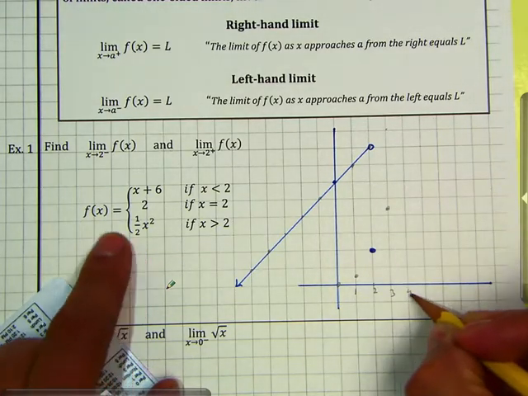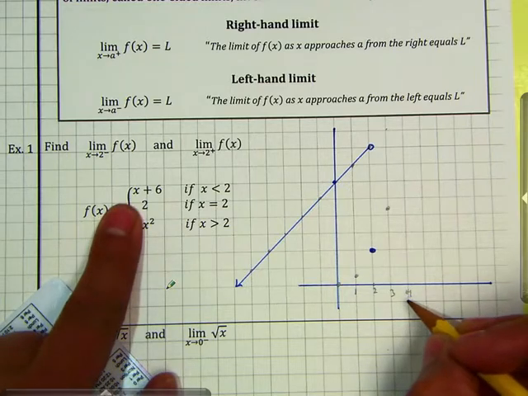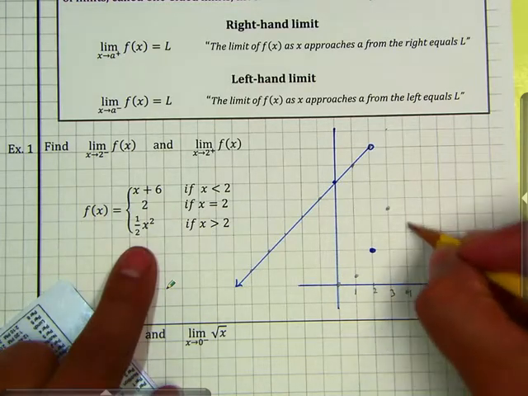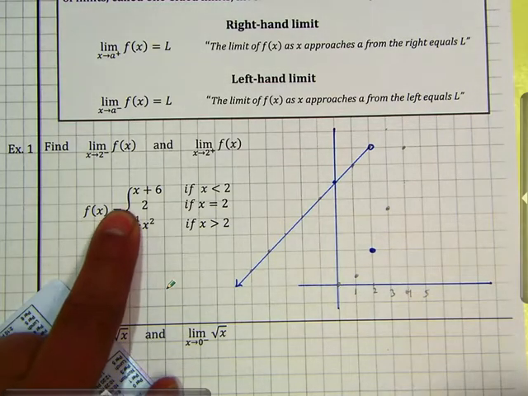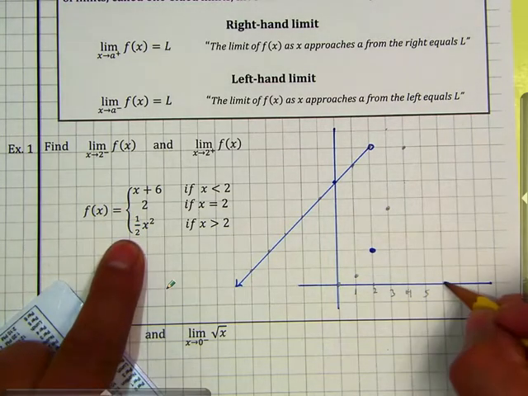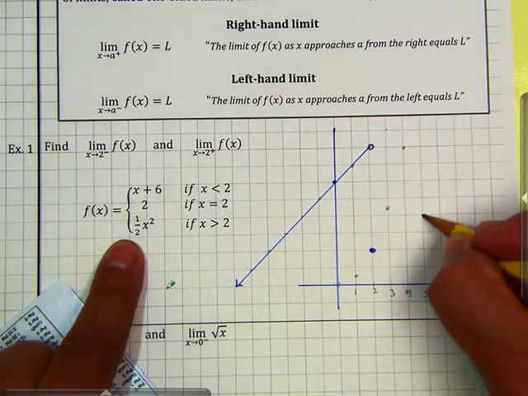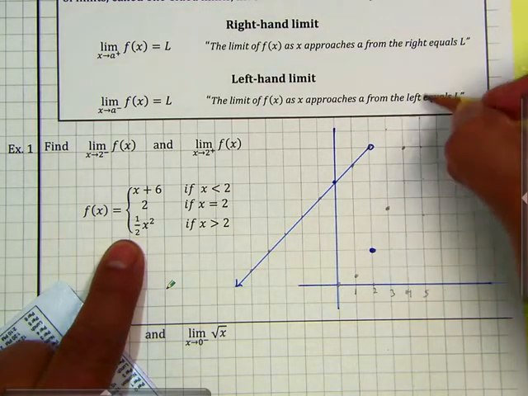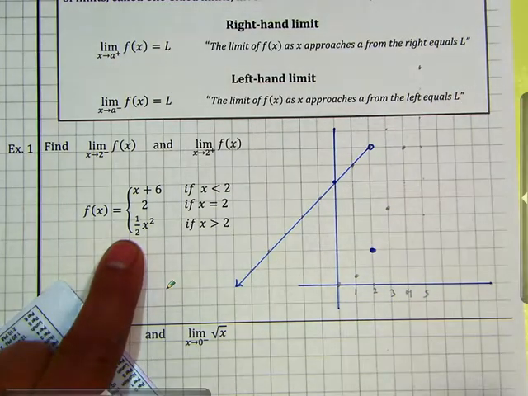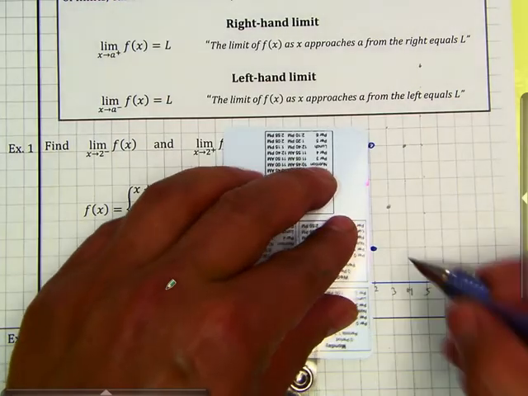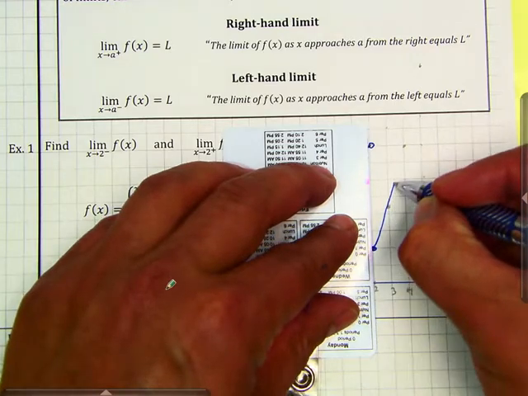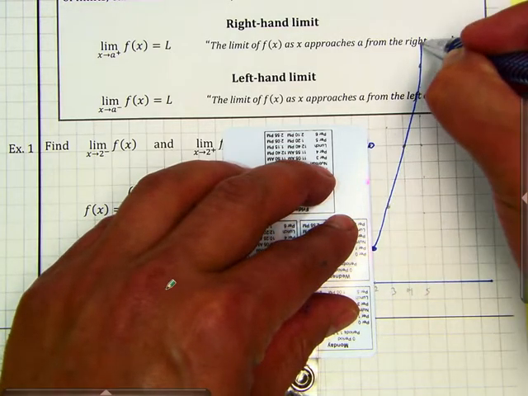Plug in a 4. 4 squared is 16. Half of 16 is 8. Plug in a 5. 5 squared is 25. Half of 25 is 12.5. So I'll be around here. And I just want to restrict my values where x is greater than 2. So I just want this part of the graph. And it's curved.